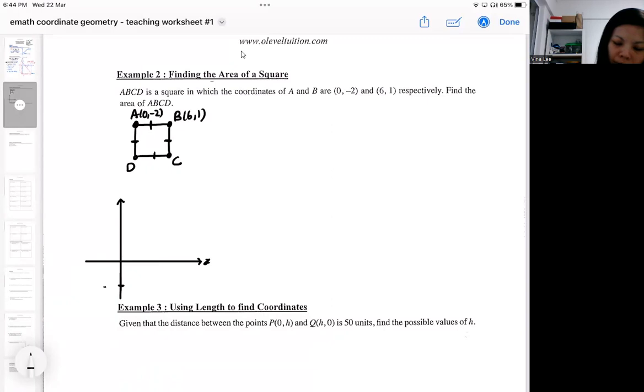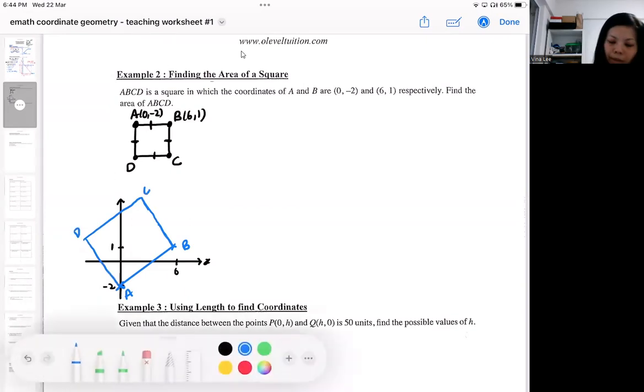So if you plot where A is, and then B, the square can be somewhere here. So it's A, B, C, D like this.